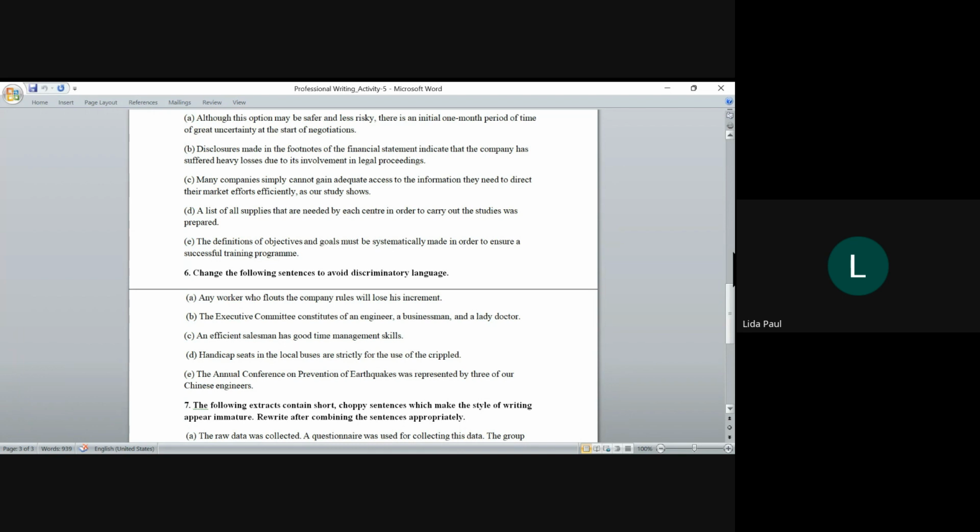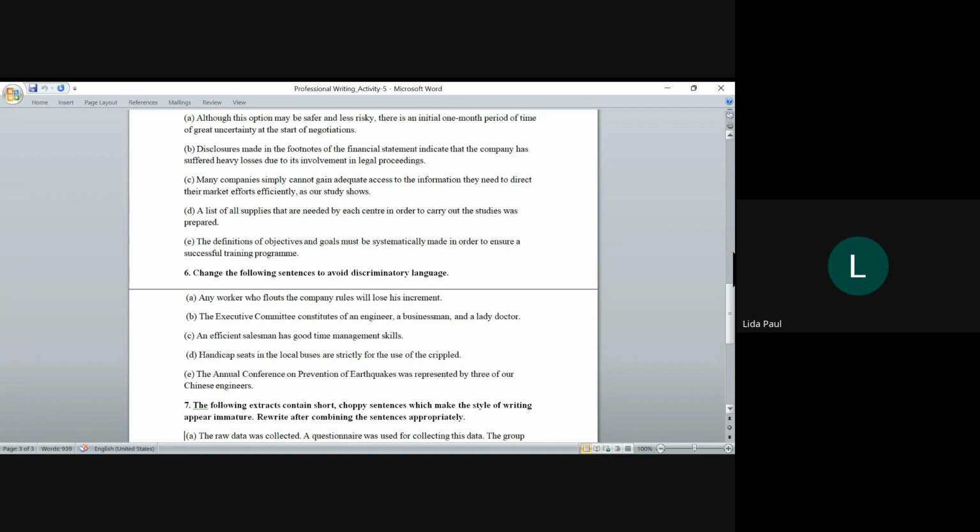There are high chances that your submissions will be rejected by the journals. In fact, the writing manuals, which instruct people on the conventions they must follow to write a certain kind of text, especially in research and technical writing, very clearly mention the use of discriminatory language, and they're very strict about it. Okay.